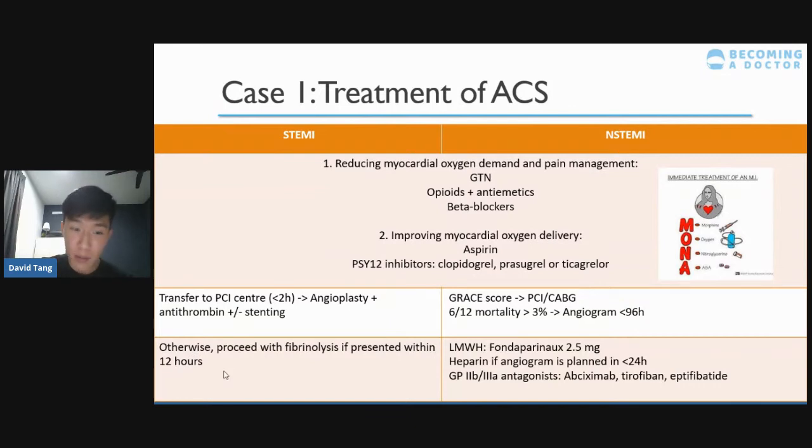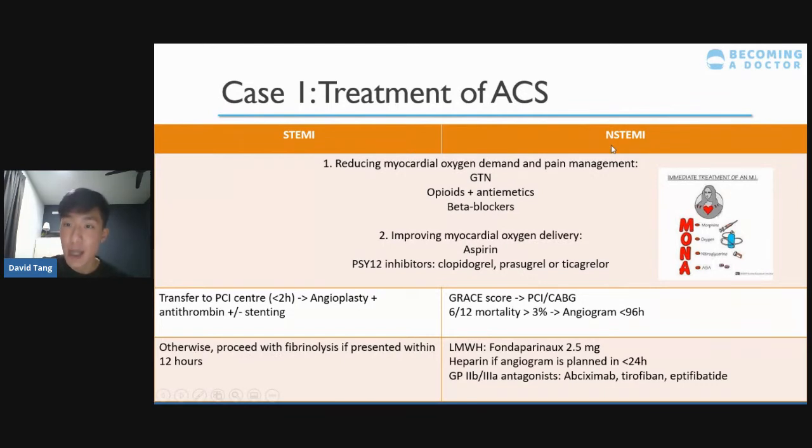In that case, if you have fibrinolysis such as streptokinase, you can provide that as a clot busting or revascularization technique as an alternative. But most importantly, it has to be less than 12 hours of presentation.